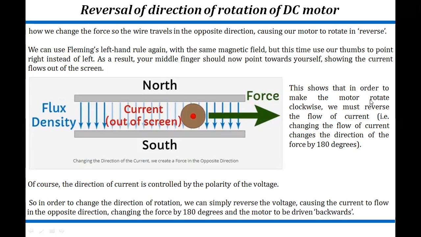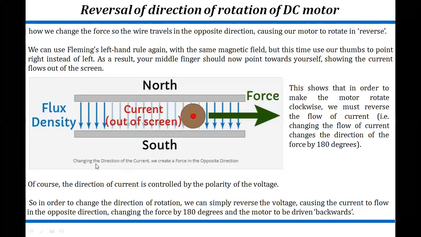Motor का जो direction है, we can get reverse by changing the polarity. So simply in order to change the direction of rotation of a DC motor, we can reverse our supplied voltage. That will cause the current to change polarity, and as the current changes polarity, the force will get 180-degree reversed.